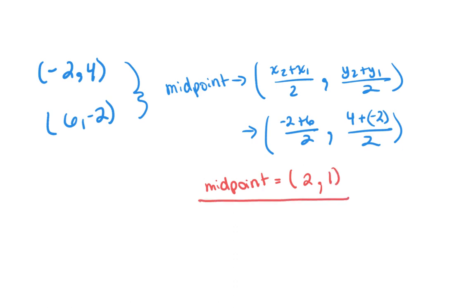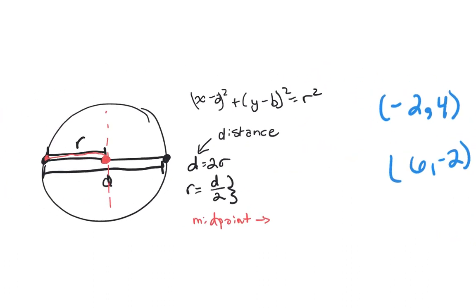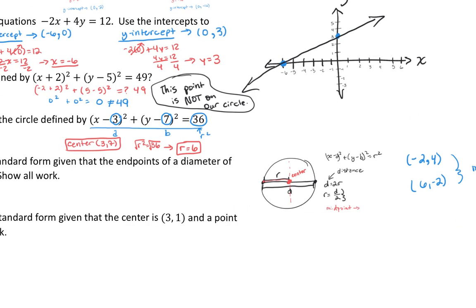Now, we found our midpoint. What does this midpoint also show? This midpoint also shows the center of our circle, right? So essentially, we found the center of our circle to be, we said A, B, and we came up with the point 2, 1.